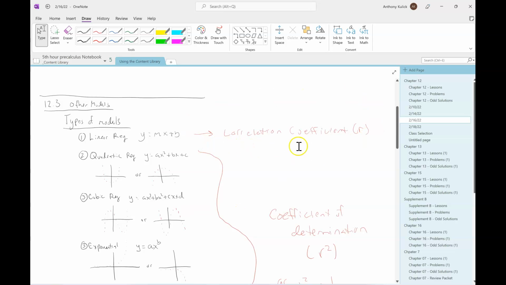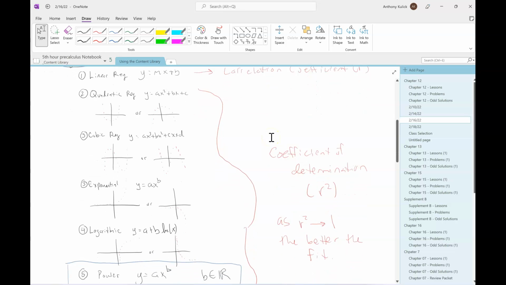And we measure the fit of our linear regressions with the correlation coefficient r. That's our measurement that we typically use. Right? And the closer that r is to either 1 or negative 1, the better fit our linear regression equation is to our scatter plot, to our data. Everybody's cool remembering that from last time?